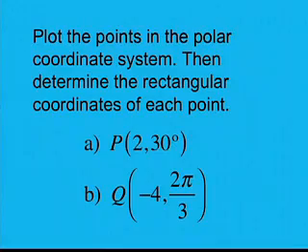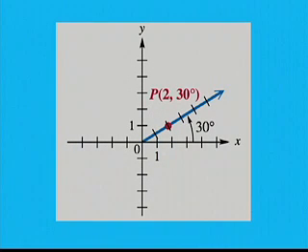Let's go to an example to illustrate these relationships. Plot the points in the polar coordinate system, then determine the rectangular coordinates of each point. So, the first point that we had was 2, 30 degrees.